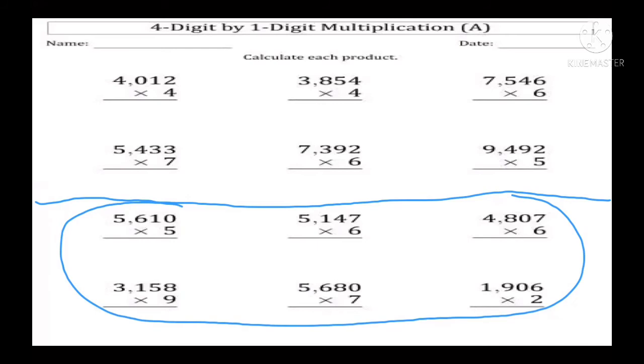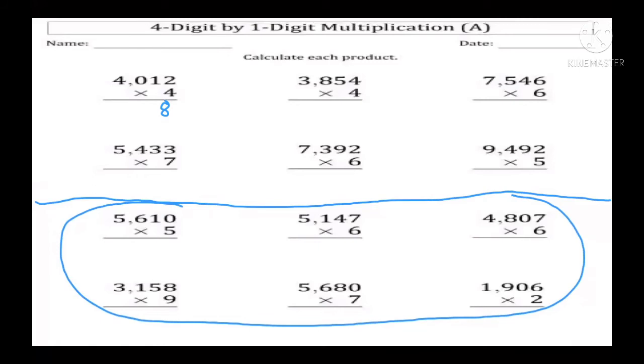4012 times 4. Okay? What is 4 times 2? 4 times 2 is 8. Very good. So we have 8. 4 times 1 is 4.